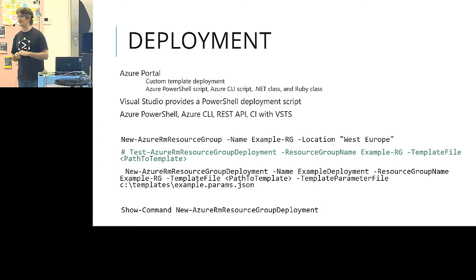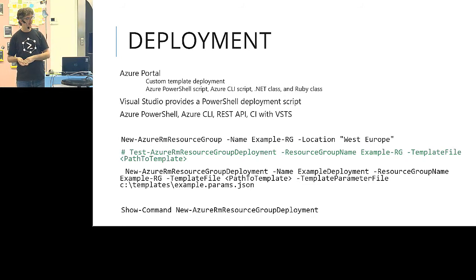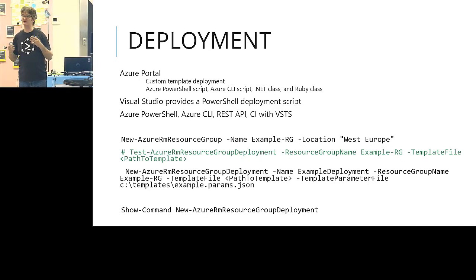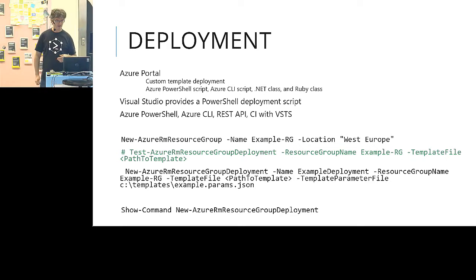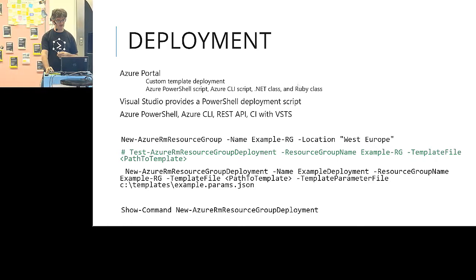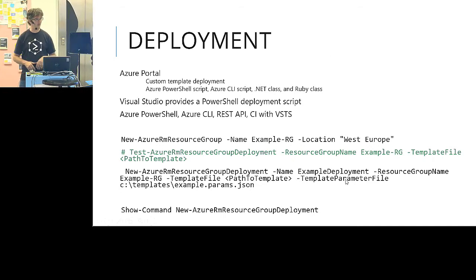We also have this Test-AzureRmResourceGroupDeployment for testing validity of the ARM template before we start the actual deployment. And then we have the New-AzureRmResourceGroupDeployment cmdlet for working with deployments. There are so many different ways, and the one that you see on the screen is the one where I have a template locally on my machine, and I have a parameter file locally on my machine.